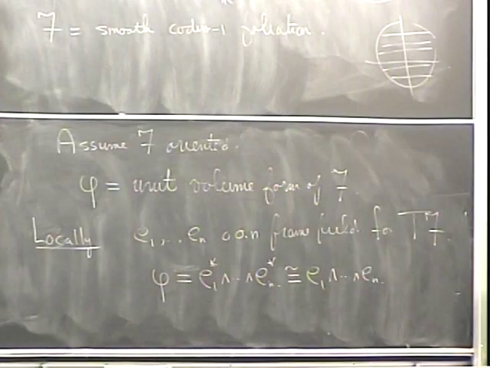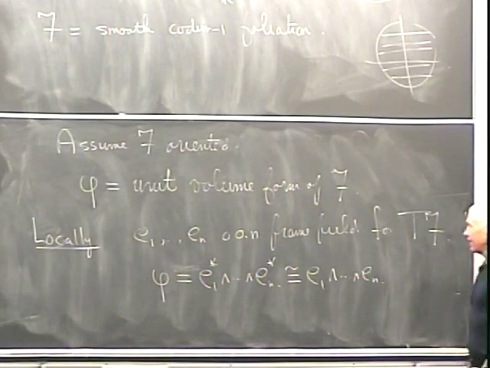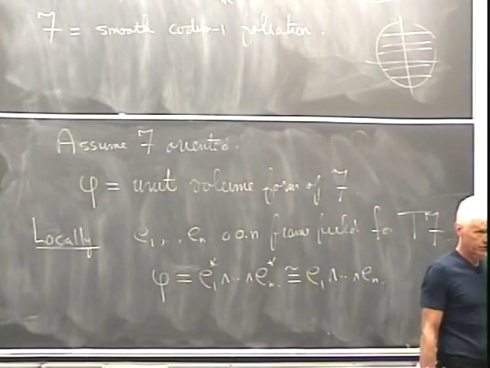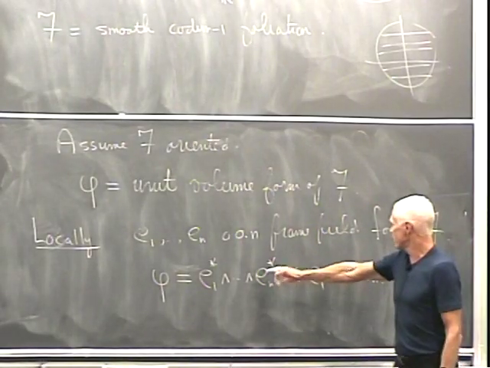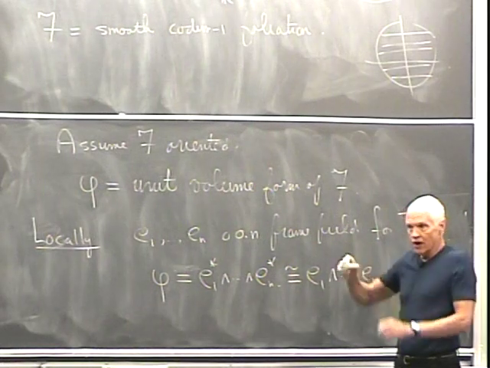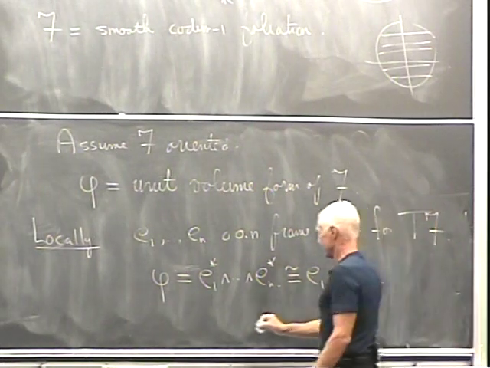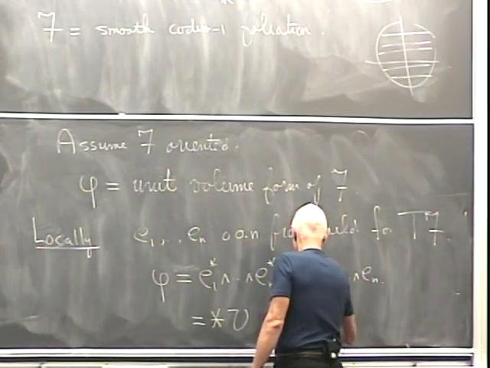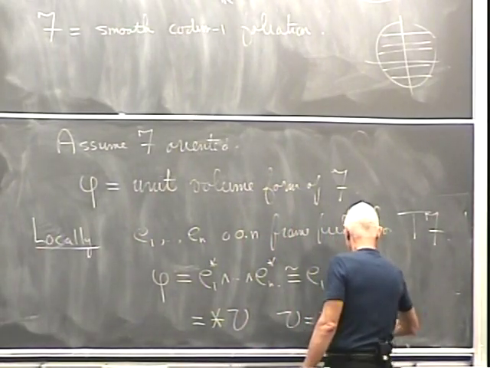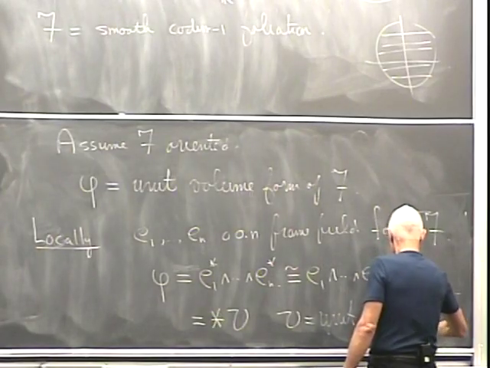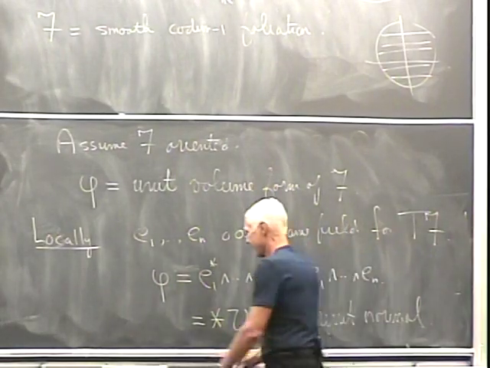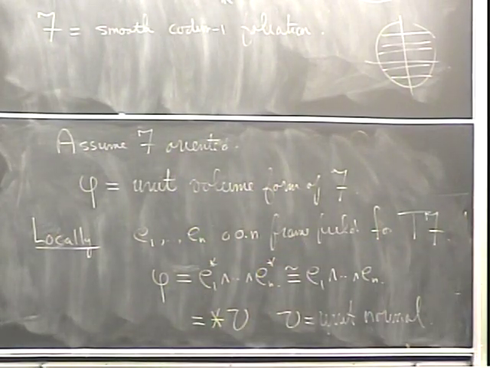Okay? So here's a form that manifestly has comass 1, because this is really just the Hodge star of a vector, namely the normal vector. This is simply the Hodge dual of nu, where nu is equal to the unit normal.